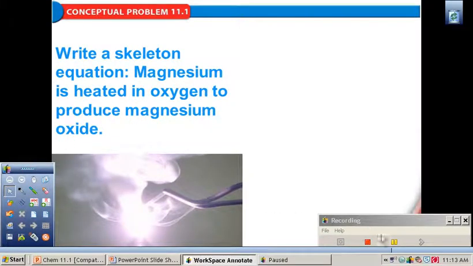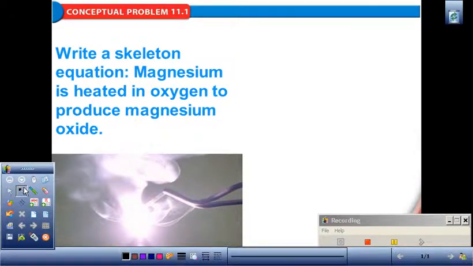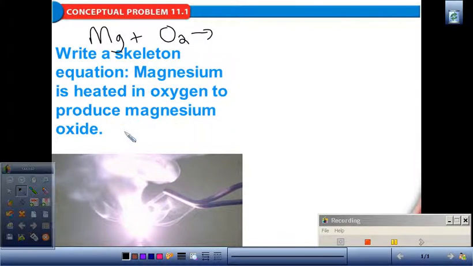All right, here's another one very similar. Go ahead and do this one. So I have some magnesium combining with oxygen. Oxygen's always paired. Magnesium oxide, that's a compound. You should remember that from the last few chapters.